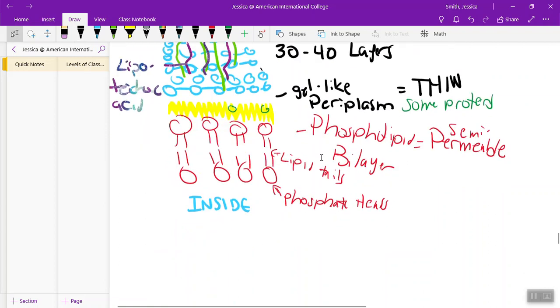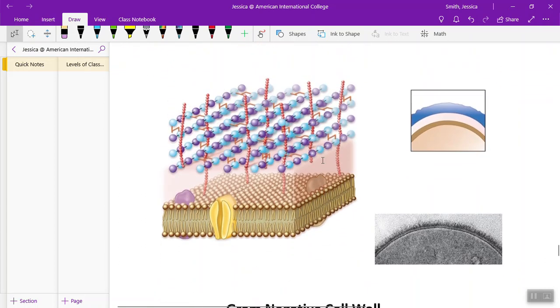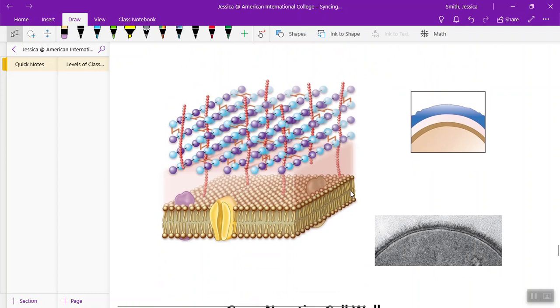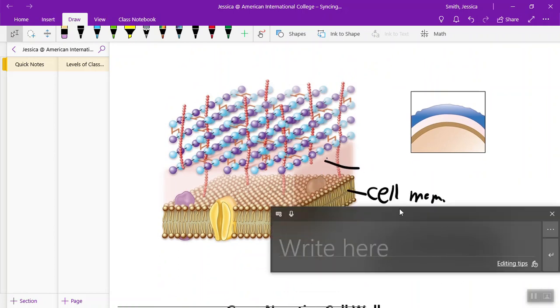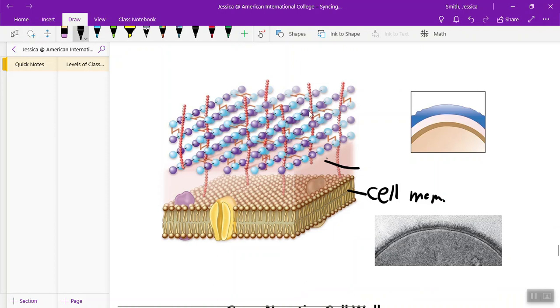Okay, so overall, pretty picture per usual. We have, again, the inside, the cell membrane is here, followed by a very thin periplasm. And remember, this holds a few proteins inside of it. And then here we have this very thick peptidoglycan.